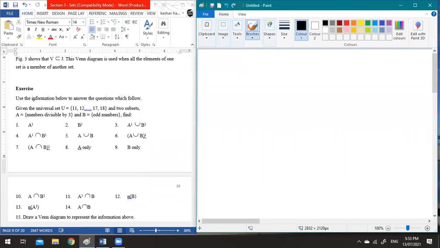So in this exercise, use the information below to answer the questions. Given the universal set, they give us the universal set, and I say the universal set is 11, 12, dot, dot, dot. What that means is it continues, right? So 13, 14, 15. You don't have to write it out.